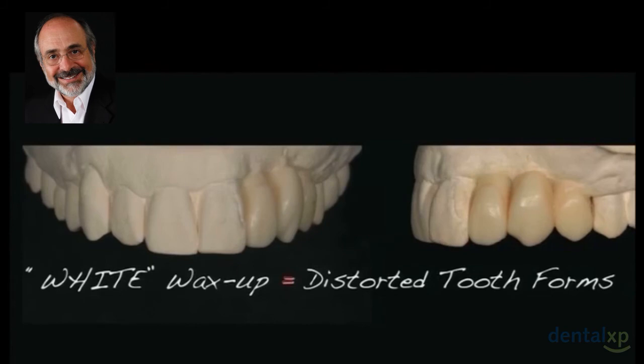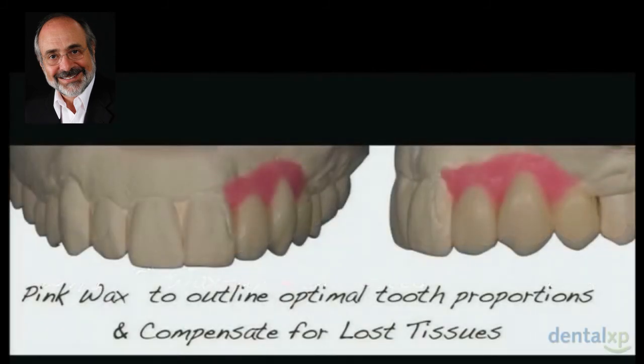So the white wax up shows us aberrant tooth form. We add pink so we can now simulate the teeth on the other side. So it gives us our outline, our silhouette form, and also gives us exact dimensions of what Maurice or I would have to recreate in hard or soft tissue.